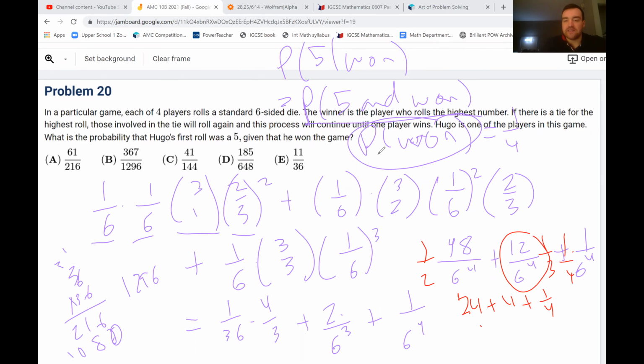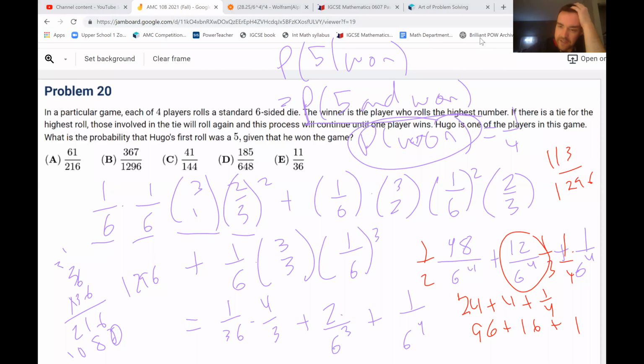So that's what, 96 plus 16 plus 1. That's 113 out of 1296.